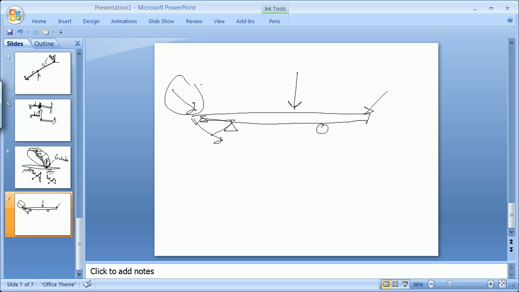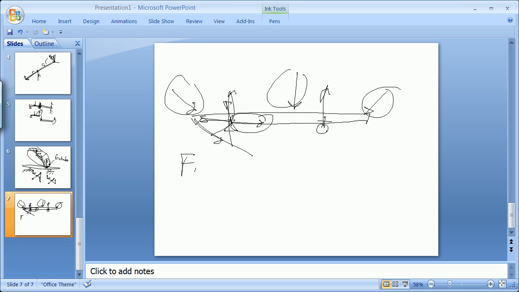And if you know this force and this force and this force, you can solve for that force. And once you know that force, you can once again do the sum of the moments about here to break this force up into components. You know that this component is going to fall out, and you can get that component there. And so learning how to pick where forces come together is what these four problems are about.